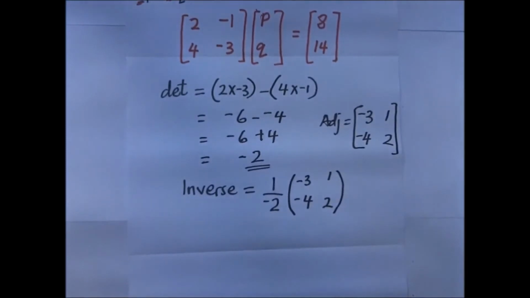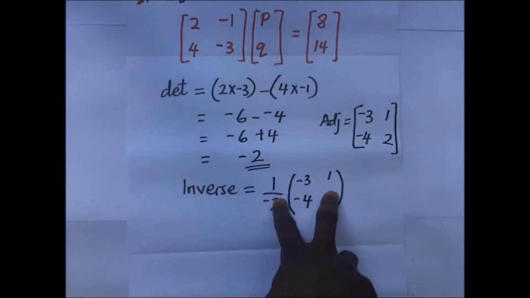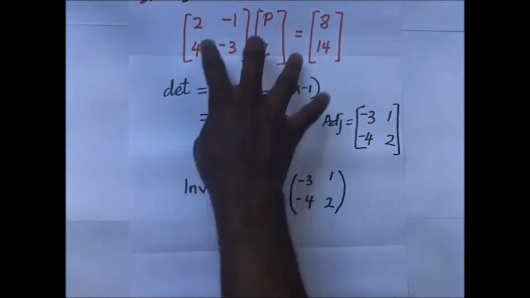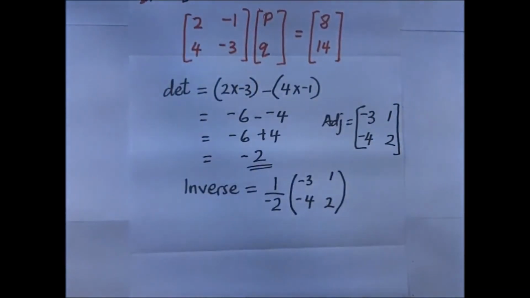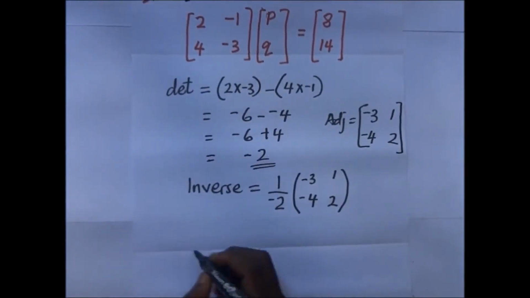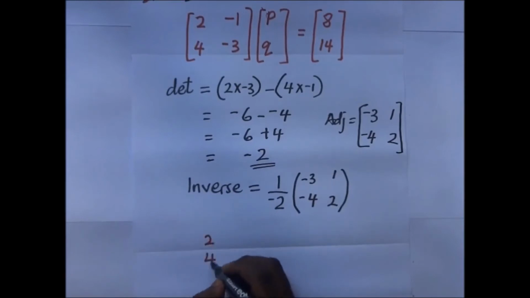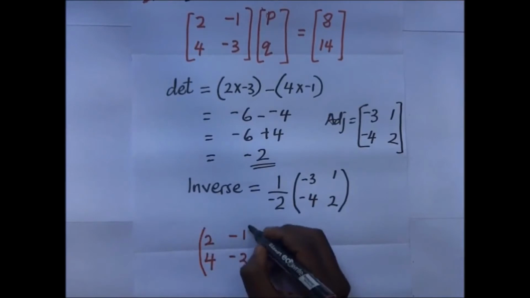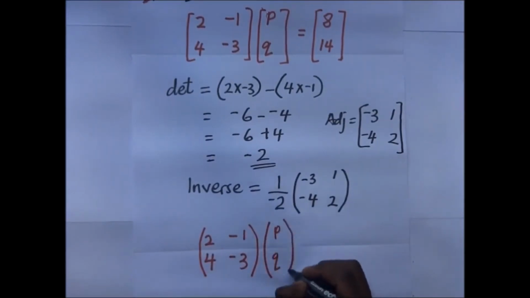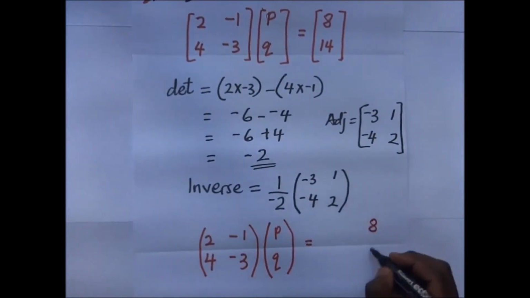After getting our inverse, we are supposed to multiply the inverse on this side of the equation and that side. So bringing this back, it's going to become 2, 4, -1, -3 times p, q, which is equal to 8, 14.